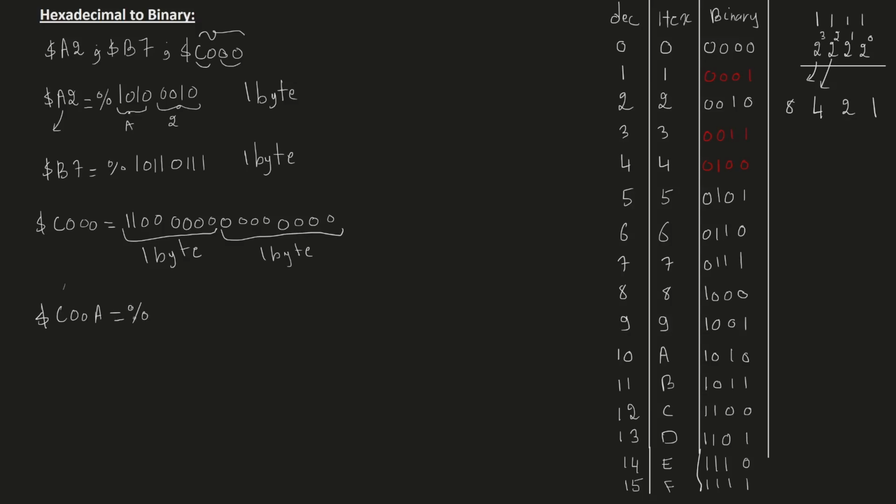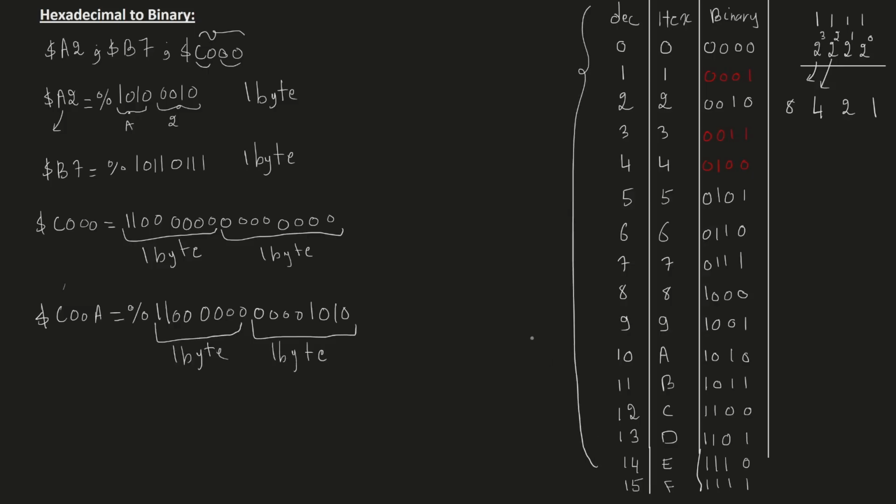The binary equivalent: C is 1100, 0 is 4 zeros, the other 0 is 4 zeros, and then letter A in hexadecimal is 1010. So this is also 2 bytes. We have 1 byte here, which is 8 bits, and then 1 byte here. Knowing this table, we can easily convert any hexadecimal to its binary equivalent.